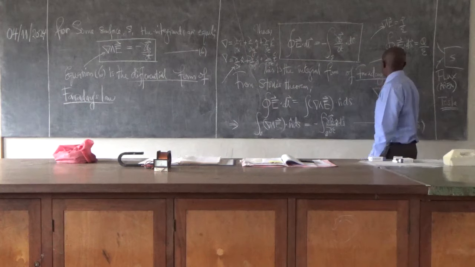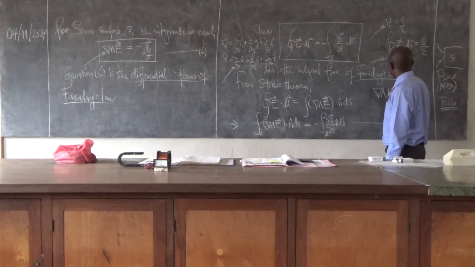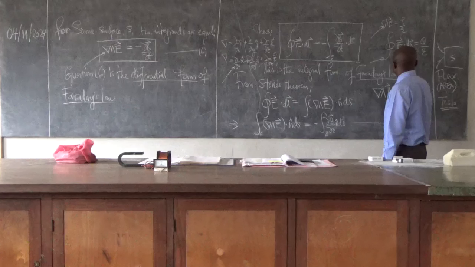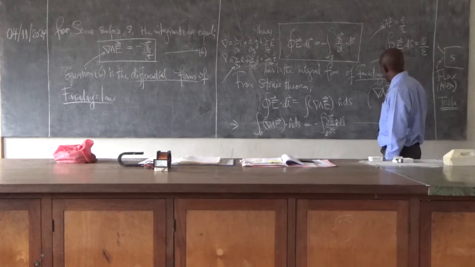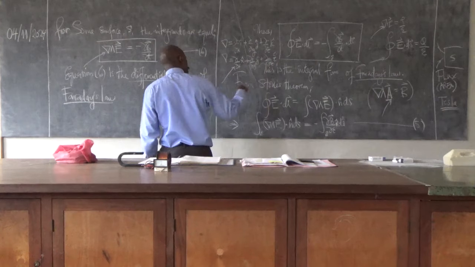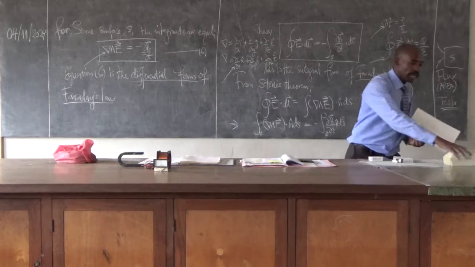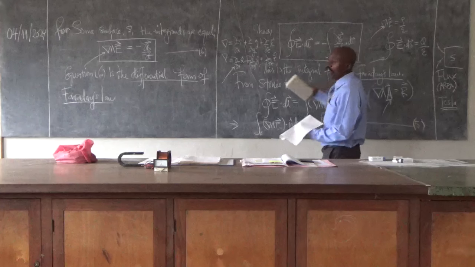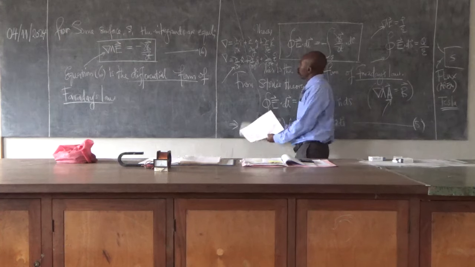So the curl of A was equal to, and this was the vector potential. The other one was for static fields. So how about now if we go to time varying fields? Time varying fields are changing fields. They are varying with time, meaning that they are changing fields.